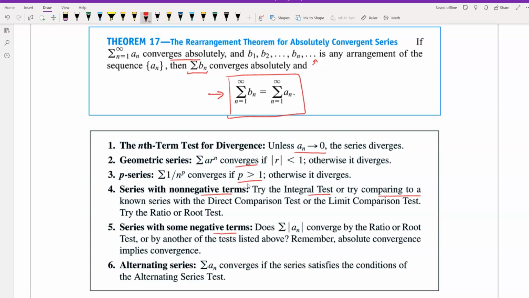On this part, see if the series of absolute values of a sub n converges by the ratio or root test or by another of the tests listed above. Remember, absolute convergence implies convergence. And finally, what we had in this section, number 6, alternating series: the sum of a sub n converges if the series satisfies the conditions of the alternating series test.